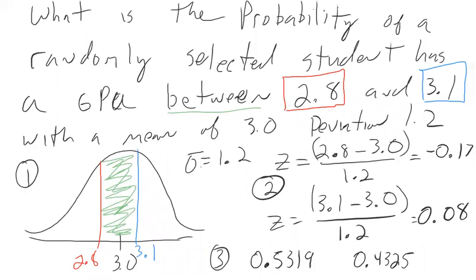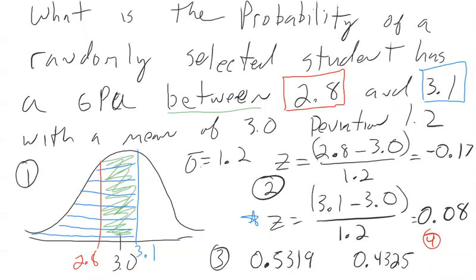Now, we do have an extra step again, because they're not colored the right way. We've colored in between. So we're to the left of one number, but to the right of another. So we got to remember how this works. When I found this z-score, I'll put a blue star by it. That is all the way to the left, right? So that is starting at my 3.1 and going to the left. And so you notice, because it goes all the way to the left, I went past the red line, right?